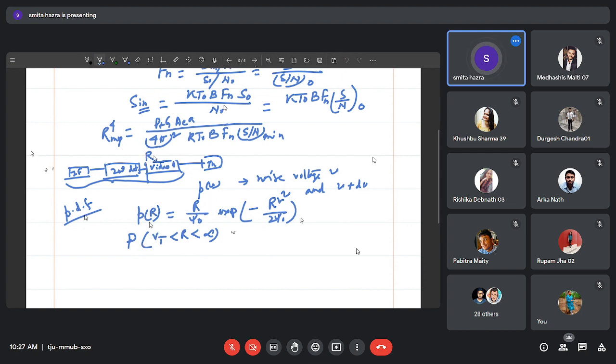So we integrate from Vt to infinite the whole expression, P of R into dR. Substituting the expression of the probability density function, R by psi naught, exponential minus R square by 2 psi naught, into dR. If I integrate this, what is the result?